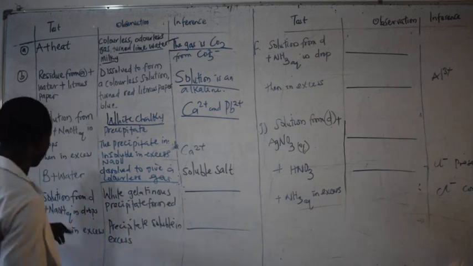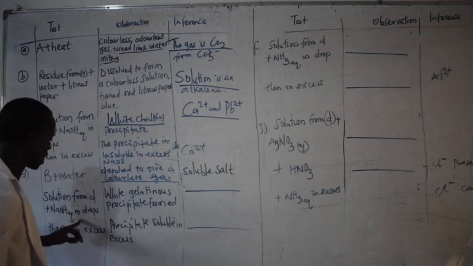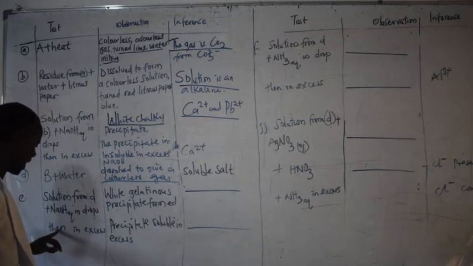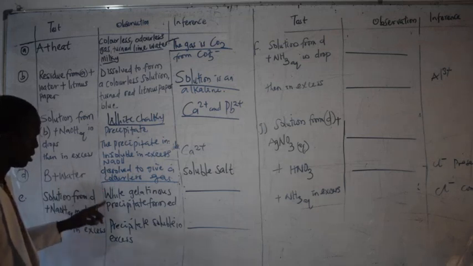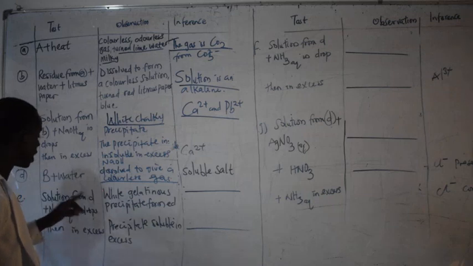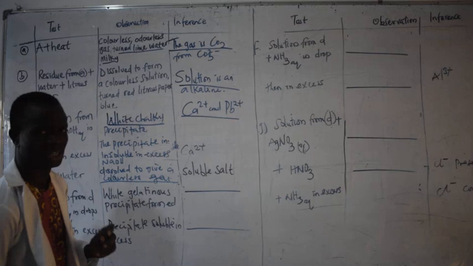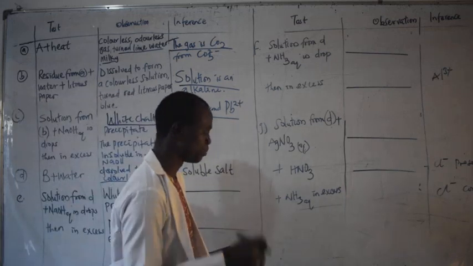Now the last one, the solution formed from D plus sodium hydroxide in drops, then in excess. When we add sodium hydroxide in drops, we have a white gelatinous precipitate.